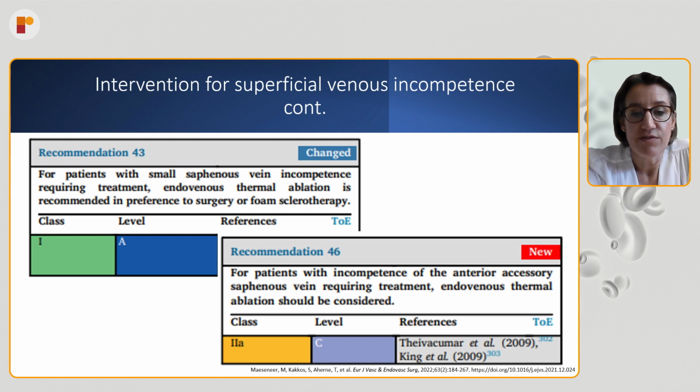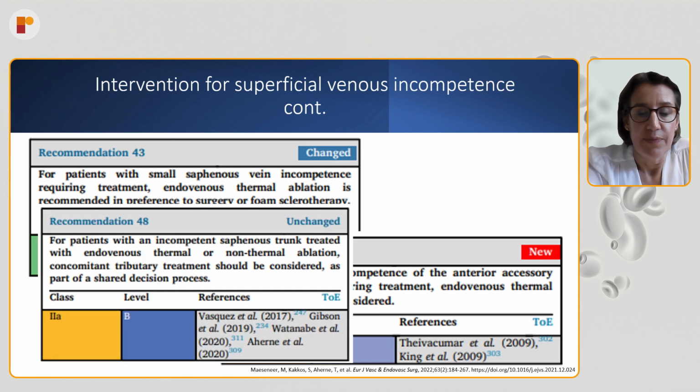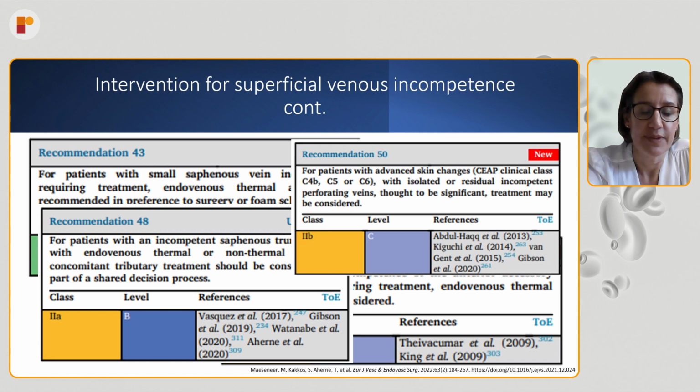And for those with incompetent anterior accessory saphenous veins requiring treatment, again, endovenous thermal ablation should be considered. When an incompetent saphenous trunk is treated with endovenous thermal or non-thermal ablation, concomitant tributary treatment should be considered as part of the shared decision-making process. And finally, for patients with advanced skin changes, so CAP C4 to C6, with isolated or residual incompetent perforating veins thought to be significant, treatment of these should be considered.